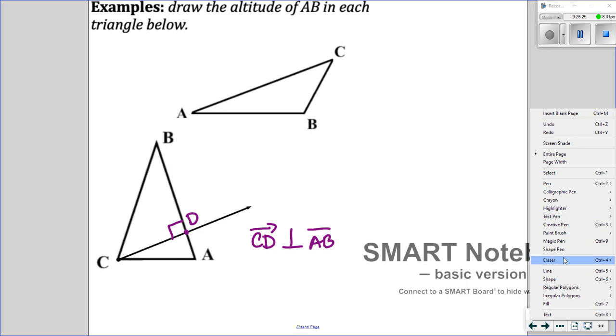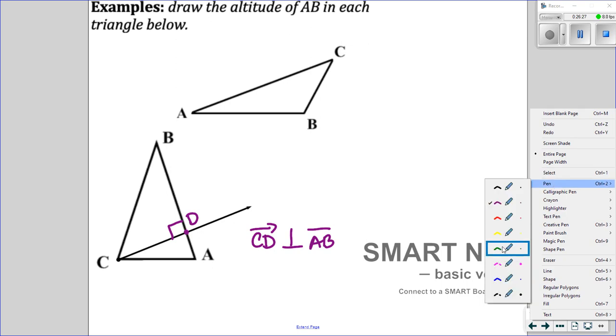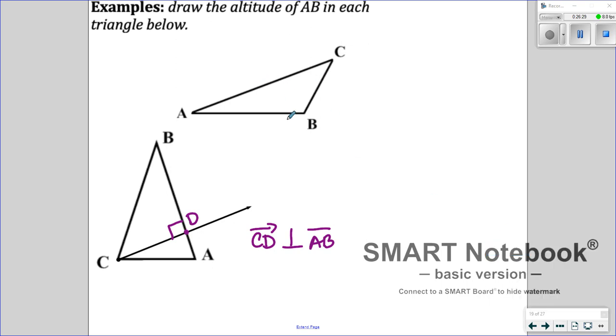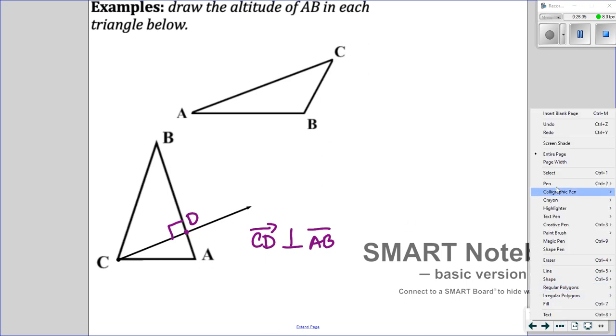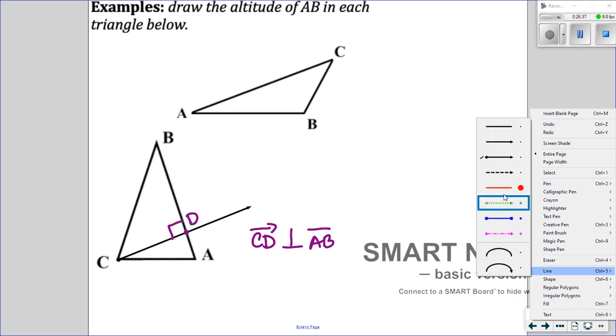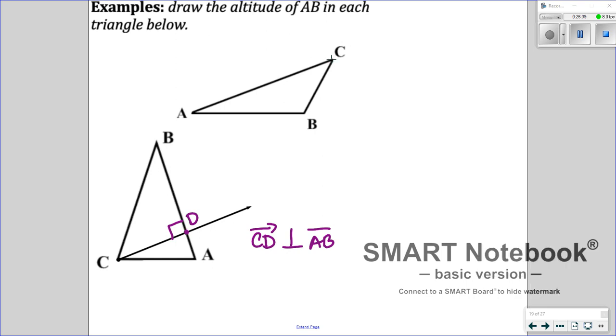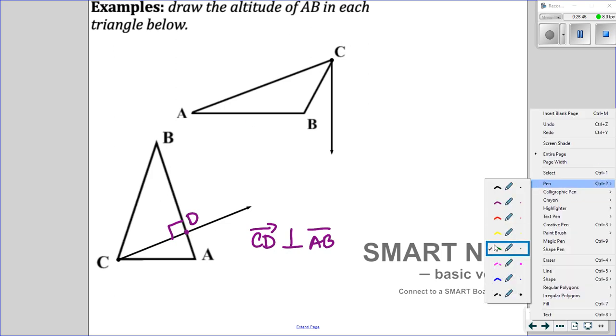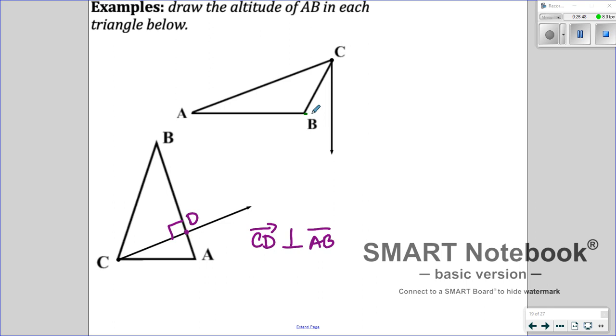For the other one, this one's a little trickier because this is where you need to start, but then you would need to go perpendicular. So I'm going to take that line, start from C, and you're just going to go straight down. Notice that it doesn't hit the base, but what you can do is extend the base of that triangle.